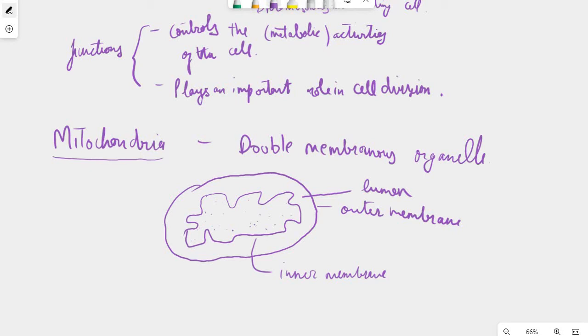As we know, the cell contains cytoplasm. In the same way, mitochondria has matrix, and there are many ribosomes present. But note that the cell, attached to the ER or in the cytoplasm, has 80S ribosomes. S is the Svedberg unit, and in the mitochondria 70S ribosomes are present.